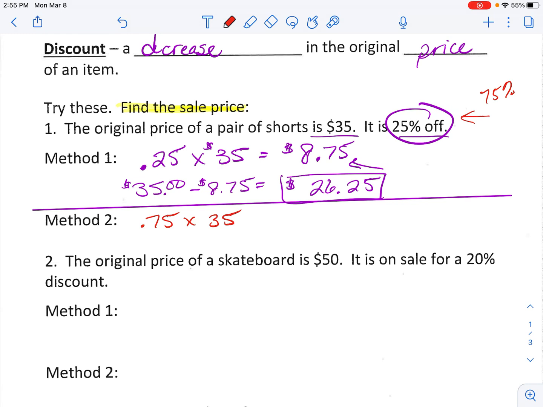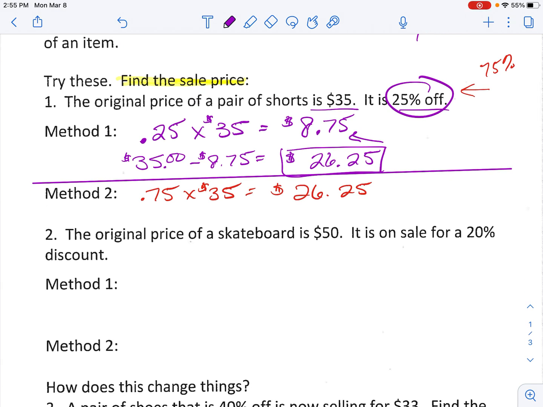I'm only paying 75% of the $35. So if I do 0.75 times 35, you get your answer of $26.25 immediately in one step. If it makes sense, go for it. If not, do the first method.